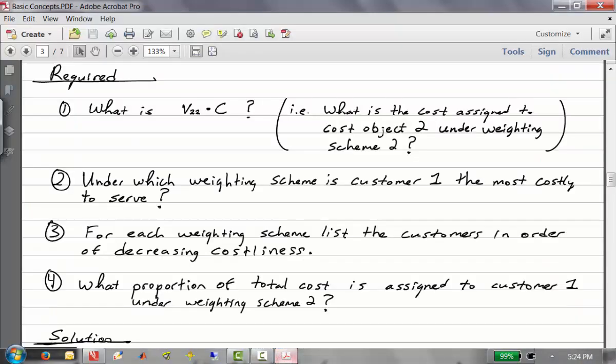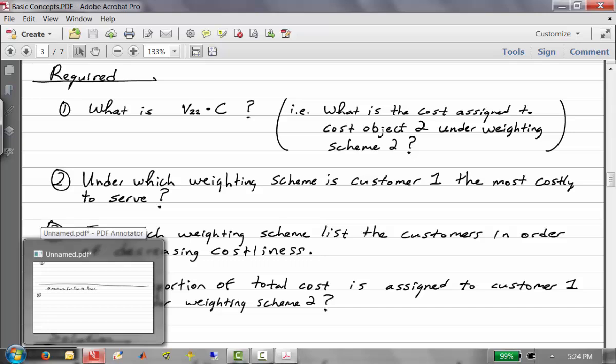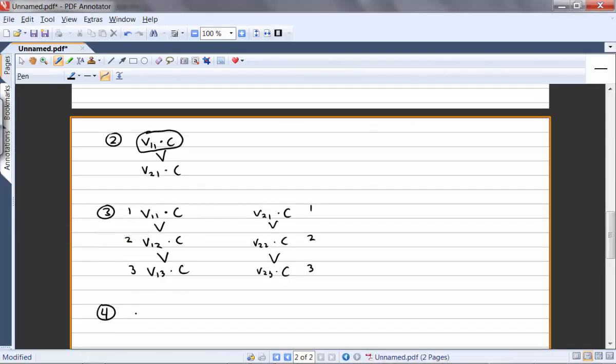What about question 4? What proportion of total cost is assigned to customer 1 under weighting scheme 2? Under weighting scheme 2, customer 1 gets this cost, whatever that number was, right? First subscript tells which weighting scheme or which vector. Second subscript tells which customer, which cost object. So customer 1 under weighting scheme 2 gets this much cost. Let's go ahead and calculate that.